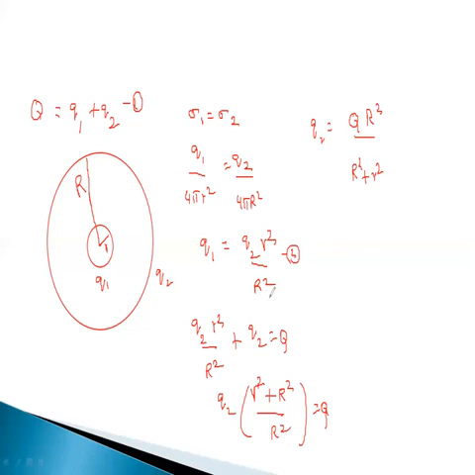In the same way, if you calculate Q1, in the second equation, if you substitute the Q2 value, then you will get capital Q into small r square by capital R square plus small r square. And finally, we got the values here for Q1 and Q2.